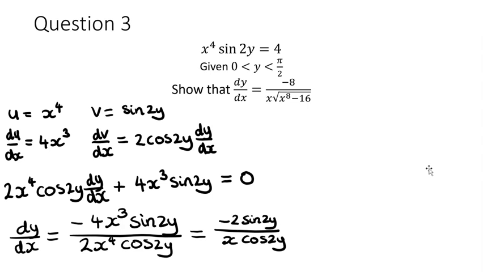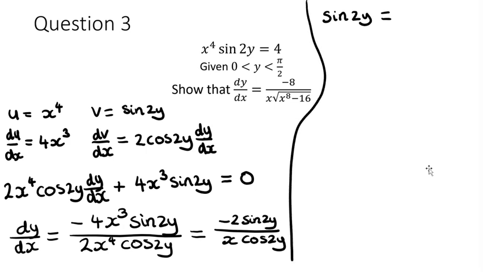So what I want to do is write sine 2y and cos 2y in terms of x. The sine 2y isn't too difficult, because if I notice from the start of the question, x to the power of 4 sine 2y equals 4.